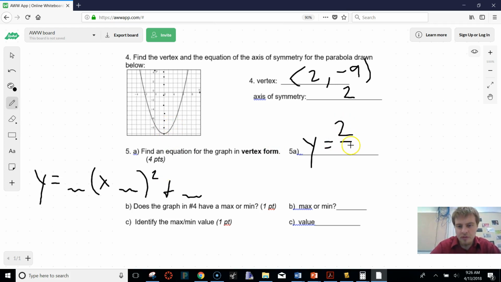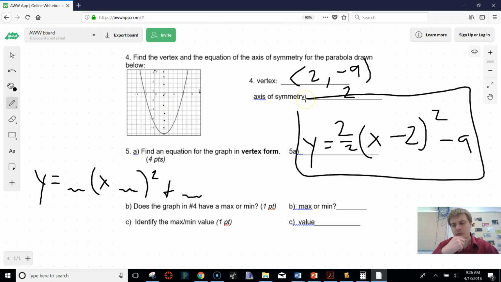So we're going to say we have the slope of 2 over 2. And then we'll have x. I'm going to go to the right 2. So going to the right 2, we're always opposite here, so that's -2 squared. And then we have to find our y value, so we go all the way down, and our y value is -9. So this would be the formula for my equation.